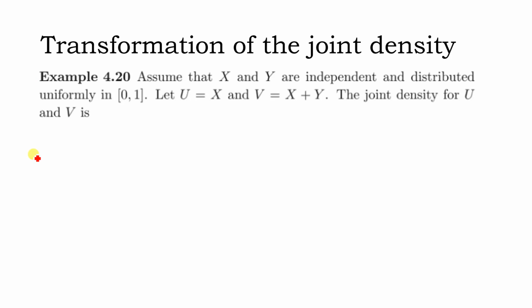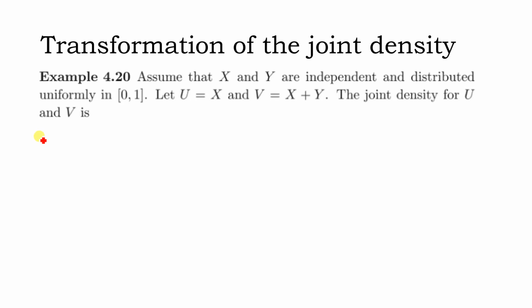To find the joint density for u and v, we can use the transformation method. First, we need to find the inverse transformations, which will allow us to express x and y in terms of u and v.